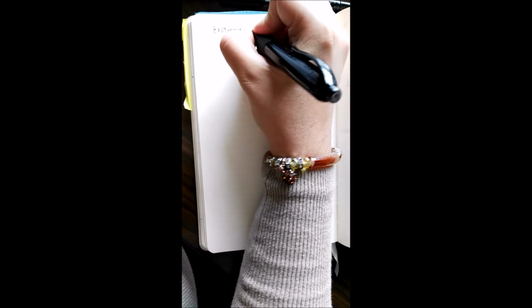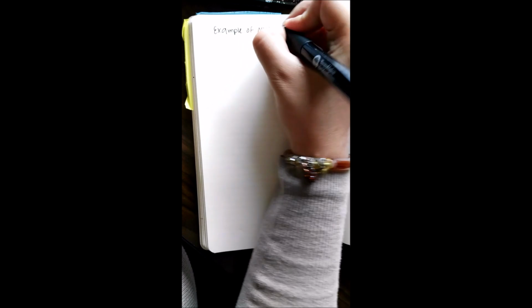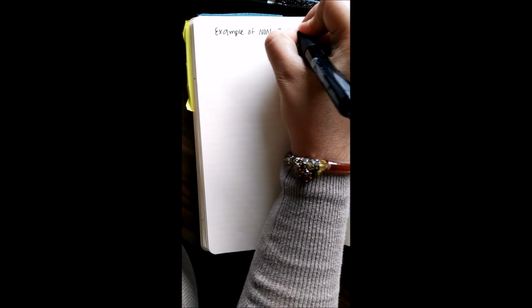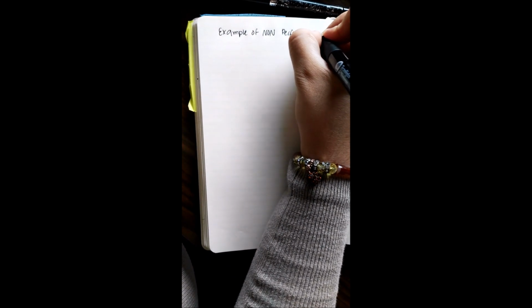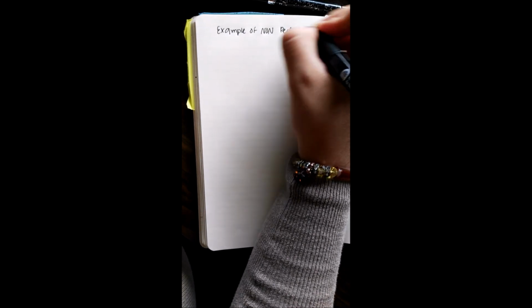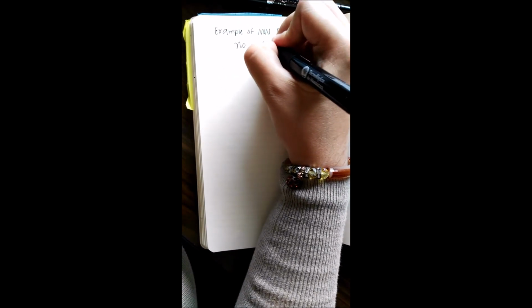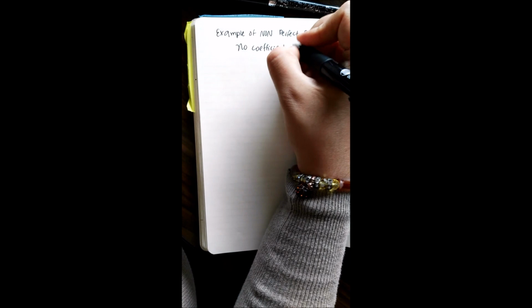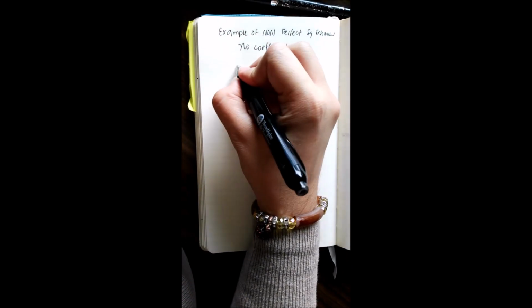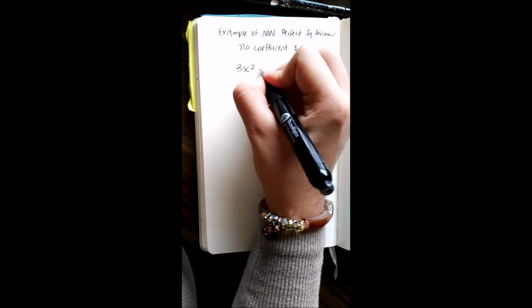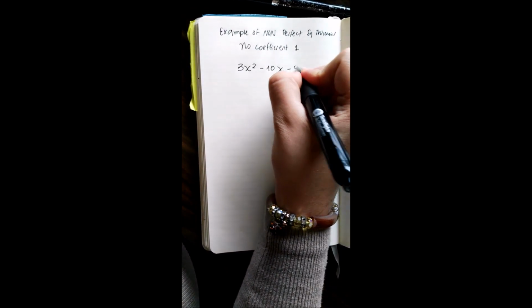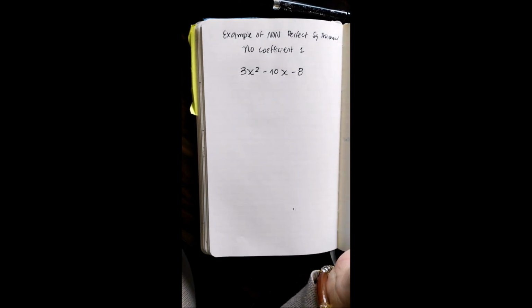And last, we're going to see the example of the non-perfect square trinomial, but when we have a leading coefficient that is not 1. Here the procedure is a bit longer because you have to split the middle term into two different terms. So here comes the example. It's 3x squared minus 10x minus 8.